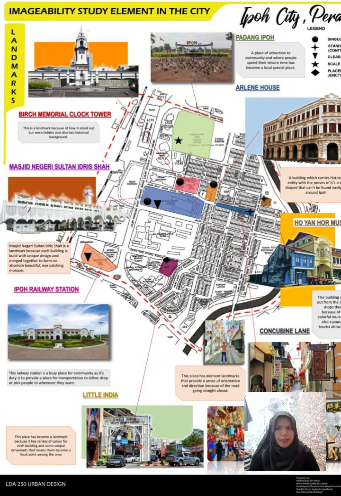And next one is Burke Memorial Clock Tower. This is a landmark because of how it stood out though it is hidden, and it also has a historical background. So even though Burke Memorial Clock Tower isn't big in scale, it stood out from the rest in the area.